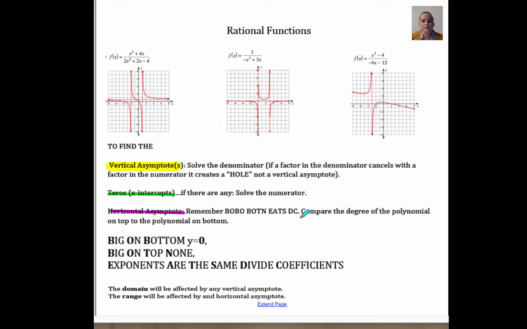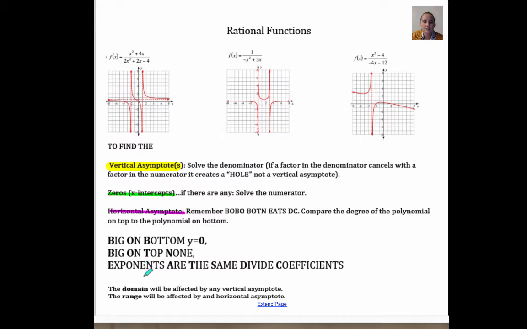So what you do is compare the degree, the exponent, of the polynomial on the top to the degree of the polynomial on the bottom. If it is bigger on bottom, then you'll have an asymptote at y equals 0. If it's big on top, you have none. So, Bo, right? That's big on bottom, 0. Botten, big on top, none.